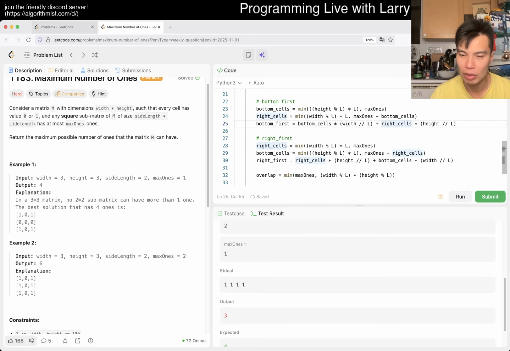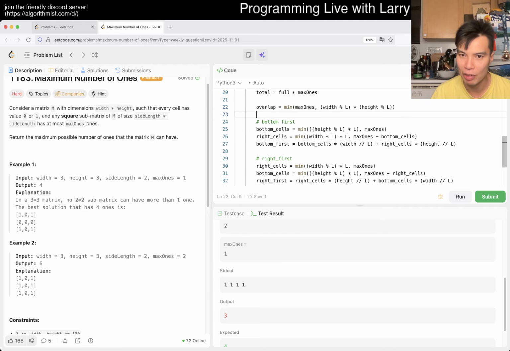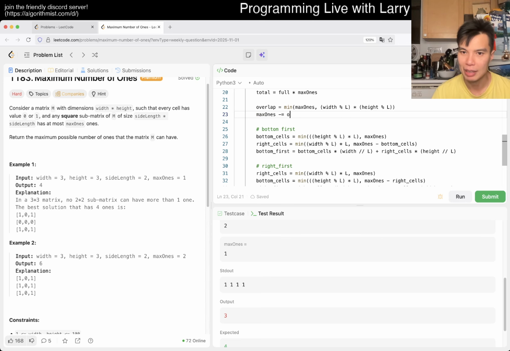So then now, right? We always want to do the overlap because it gets used everywhere, right? So now we say max ones minus overlap. And then now we do it this way. But it's still a little bit off because we have to count the overlap. So we'll have to think about how to handle it. But okay, so we do them by themselves.